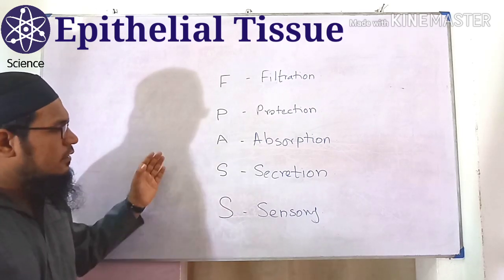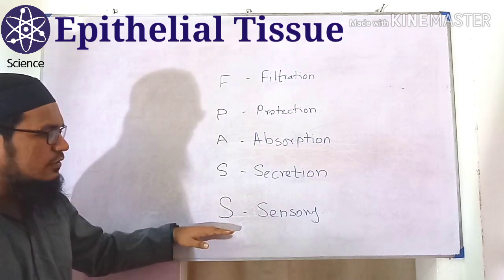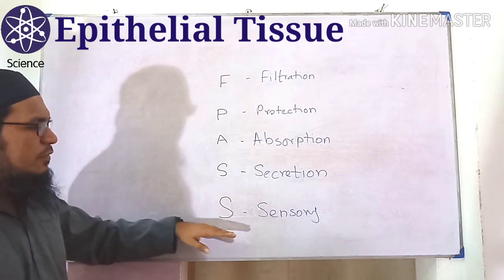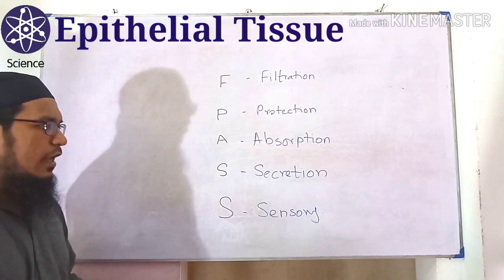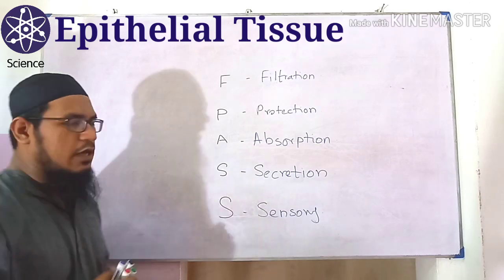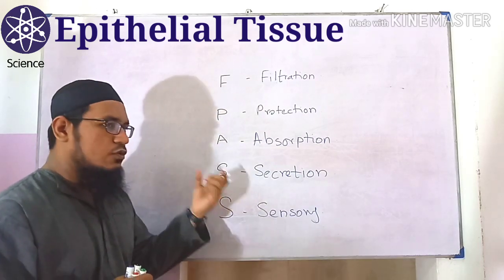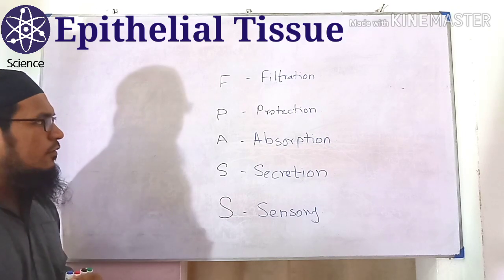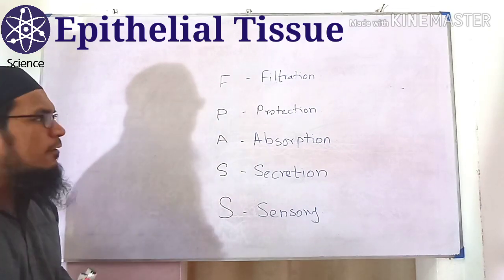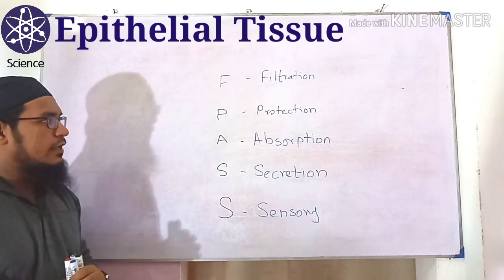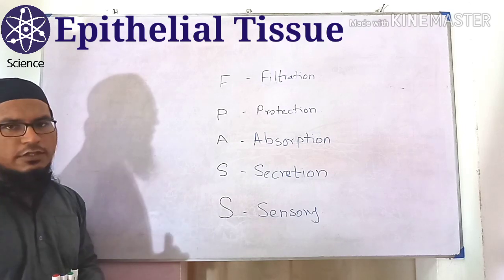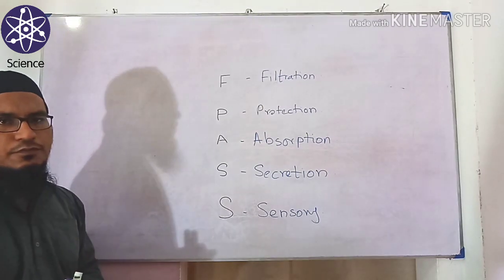So skin is doing a sensory function. Skin is epithelial tissue, therefore a function of epithelial tissue is sensory. Likewise, in all the other sensory organs, the outermost covering is epithelial tissue, so they help in sensory function. So I hope you all can remember the 5 main functions of epithelial tissue. The examiner can go for a direct question related to the functions of epithelial tissue.